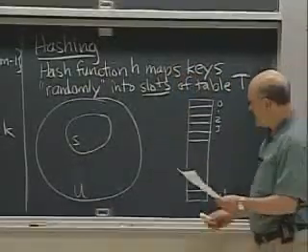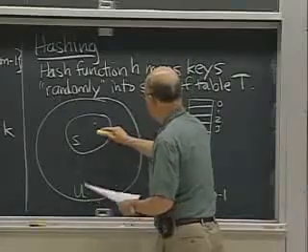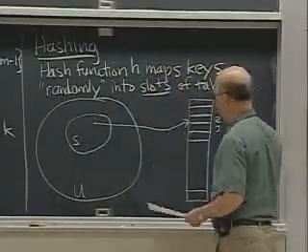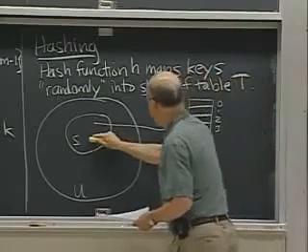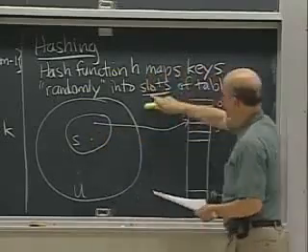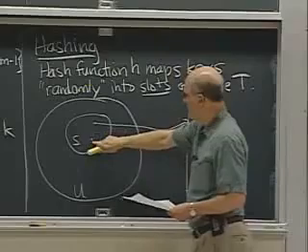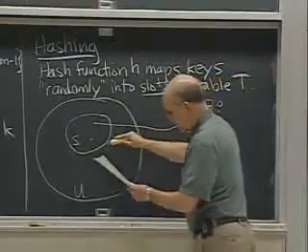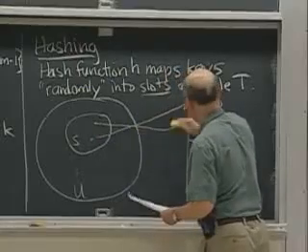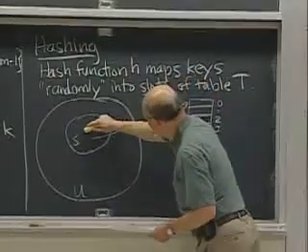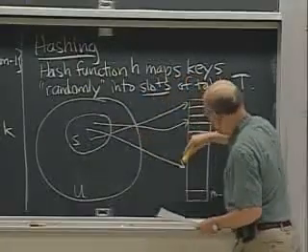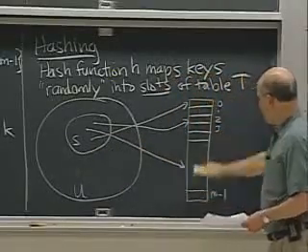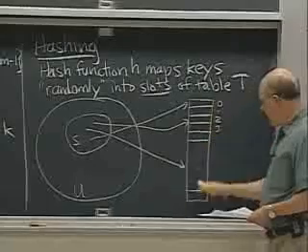We'll take an element from here and map it to, let's say, there. Then take another one, and we apply the hash function to the element, which gives us a particular slot. Here's one that might go up here, and another one over here that goes down to there.